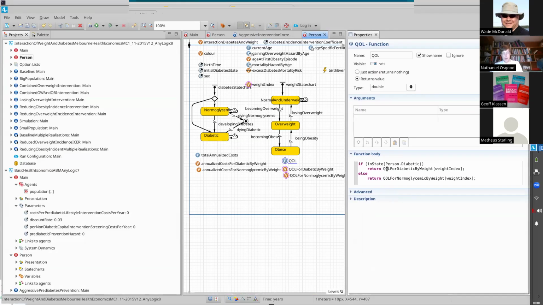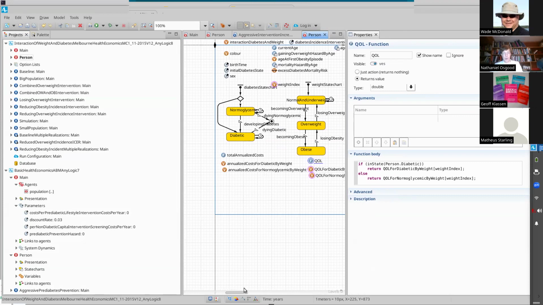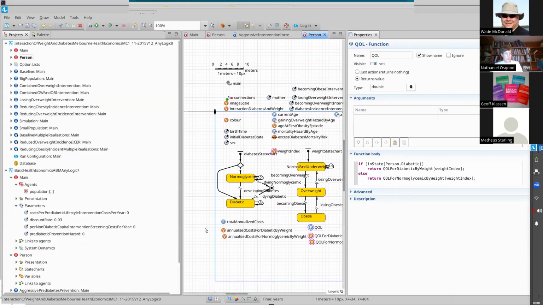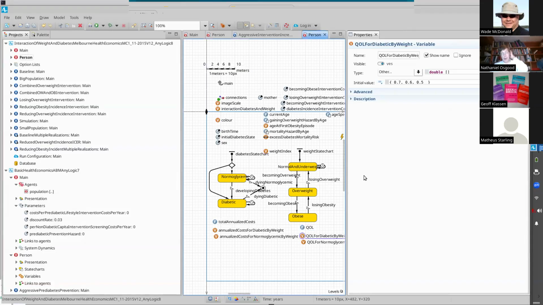Okay. And there's this thing called quality of life for a diabetic by weight, and I'd have to go, oh, here it is. Quality of life, my diabetic by weight. So what this is saying is that by successive weight classes for someone with diabetes, these are the quality of life values we'll consider. For a normal glycemic person, someone in this state, these are the quality of life values we'll consider by different weight statuses.